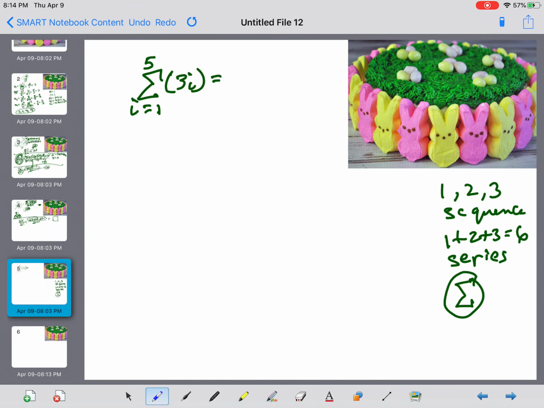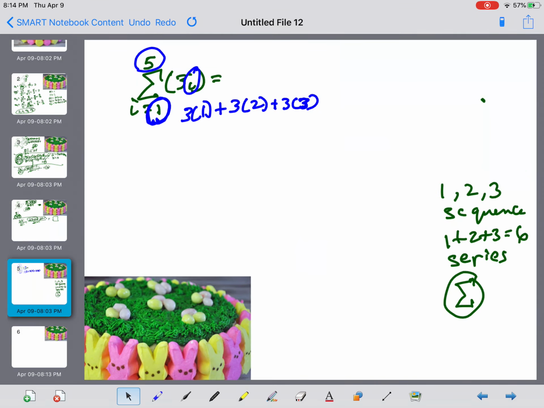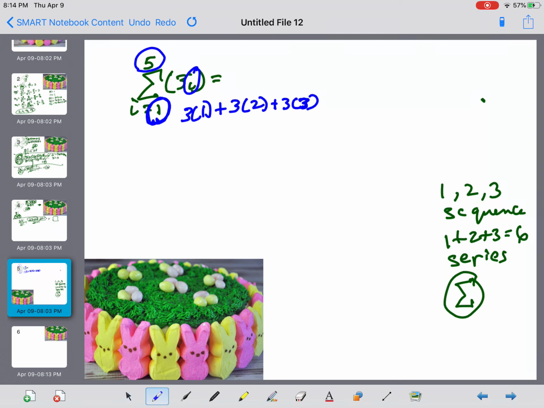All right, what this means is this tells you what number to fill in first, and this tells you what number to fill in last, and you fill in all the integers in between. So this says start with 1 as your first term. So my first term is going to be 3 times I, which you'll start as 1, and then 3 times 2, 3 times 3, 3 times 4, and you know to stop at the top number 5.